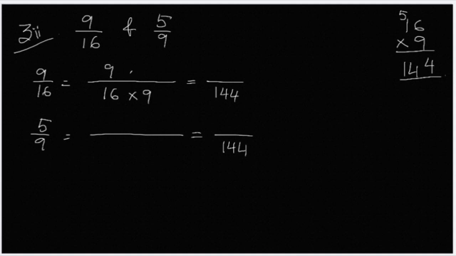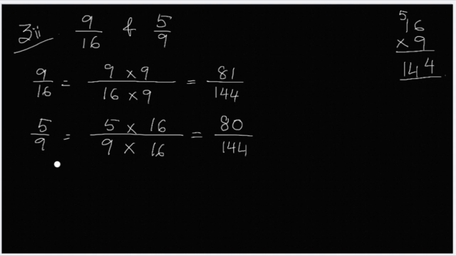So we have to do it in the numerator also. So this becomes 81. Again here the numerator and denominator both have to be multiplied with a common number. 9 into 16 is 144. So in the numerator also we have to multiply it with 16. So what will that be? 80, right?